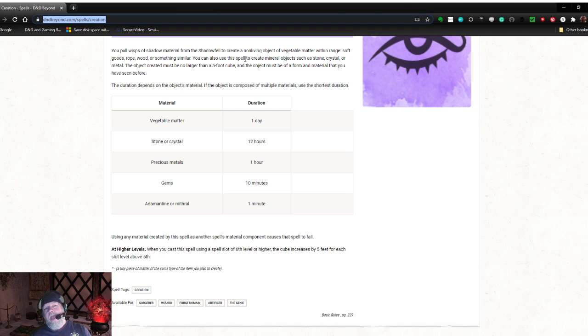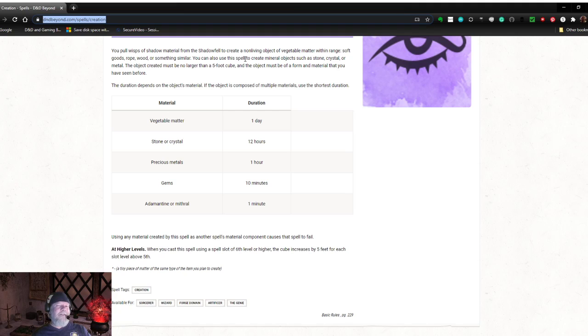So, think about vegetable matter. One of the examples they gave of vegetable matter is a rope. You can pull wisps of the Shadowfell and create rope that will fit in an area of a 5-foot cube.